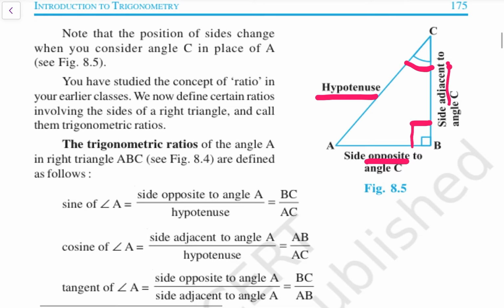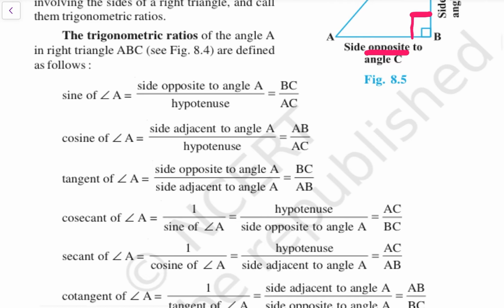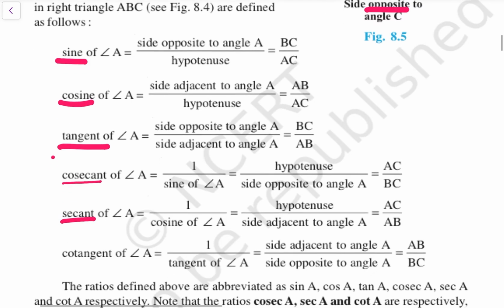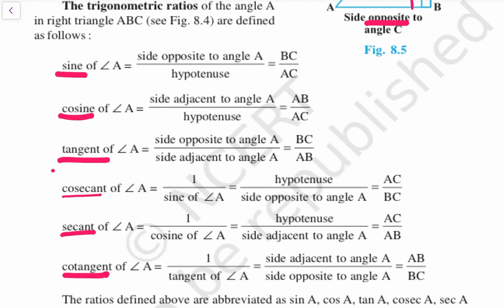Now the trigonometric ratios of angle A in right angle triangle ABC are defined as follows. There are 6 basic trigonometric ratios: sine, cosine, tangent, cosecant, secant and cotangent. Here sine and cosine are pairs, and tangent, cotangent, cosecant, secant.